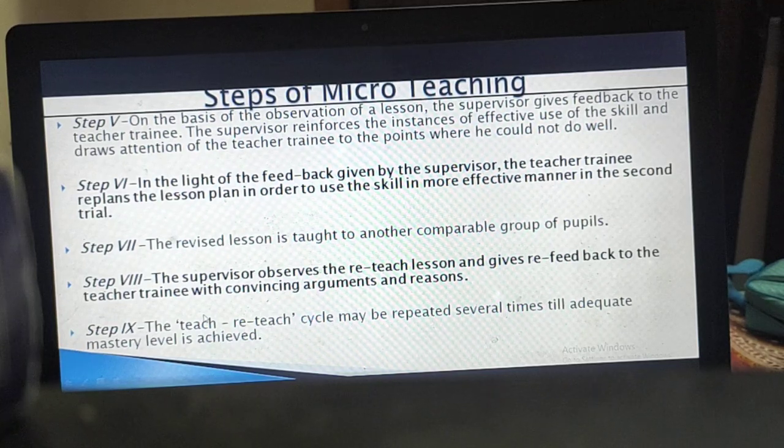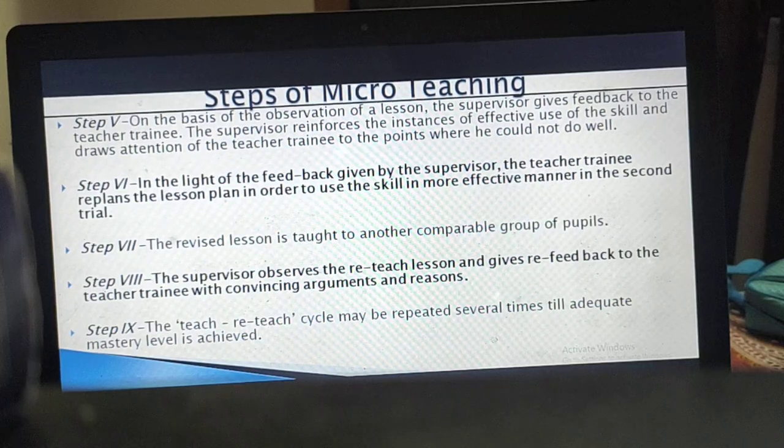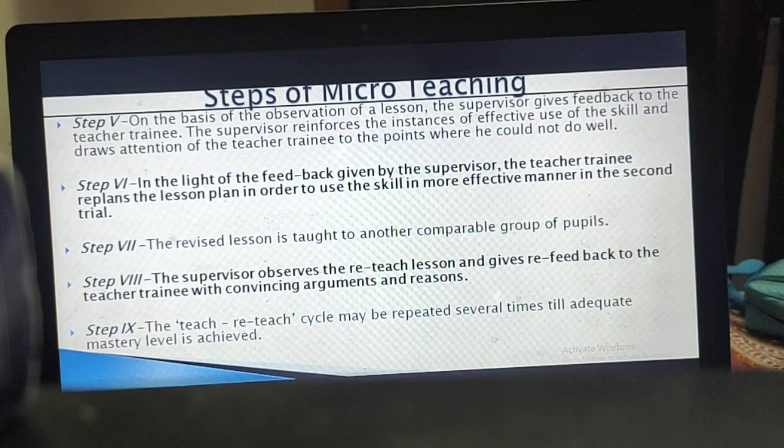This process continues in a circular way: teach, reteach, plan, replan, feedback, re-feedback. This process goes on until the teacher achieves the mastery level.